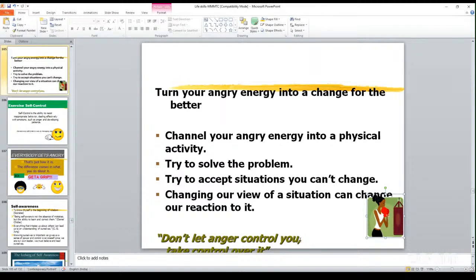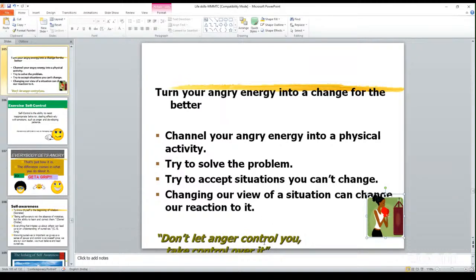Now, changing our view of a situation can change our reaction to it. Many times we have overhyped situations which in reality are not that serious. So that's where our view changes automatically.